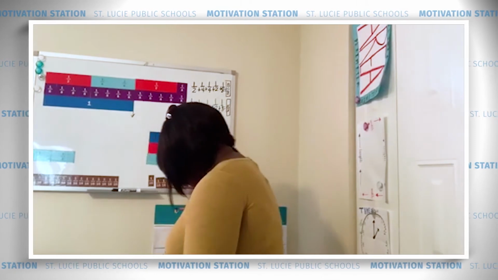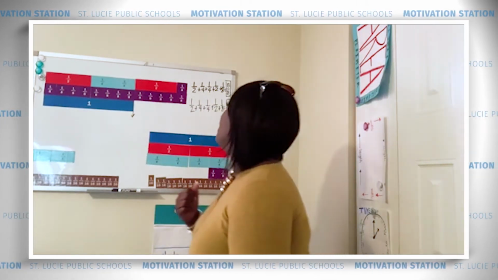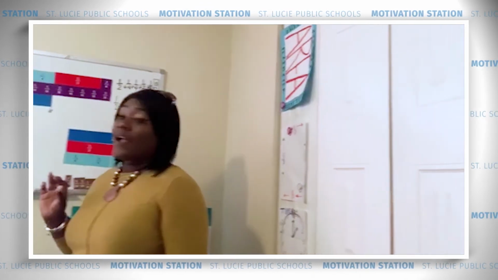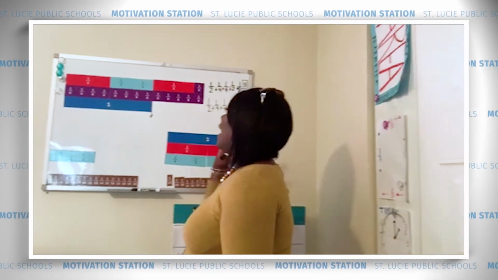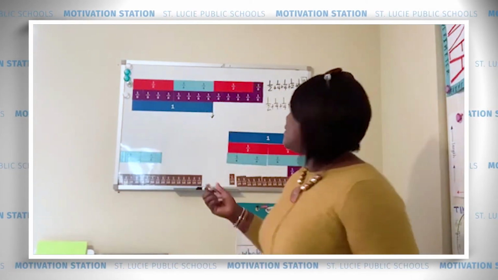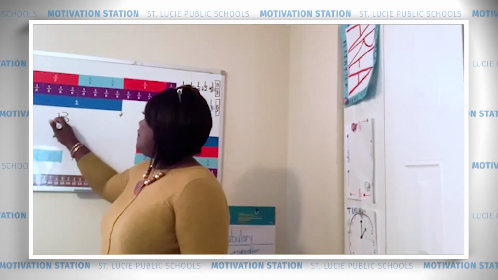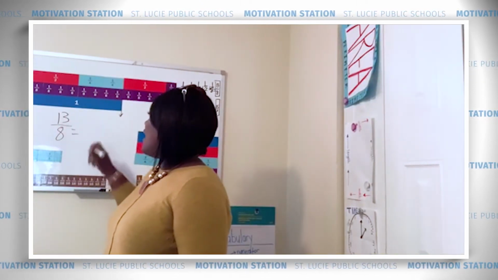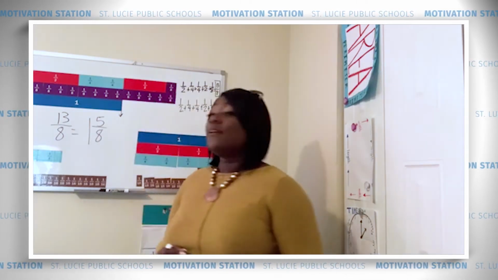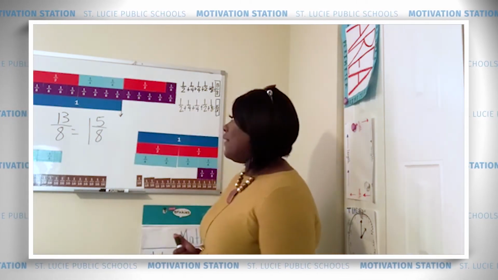So let's talk about it. If this fraction train at the top is equivalent to 13/8, and the fraction train at the top is also equivalent to 1 and 5/8, then 13/8 has the same length of measurement as 1 and 5/8.